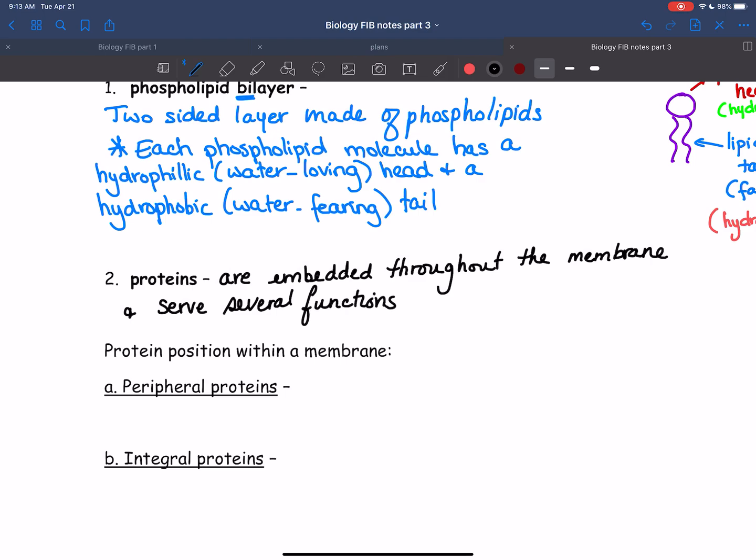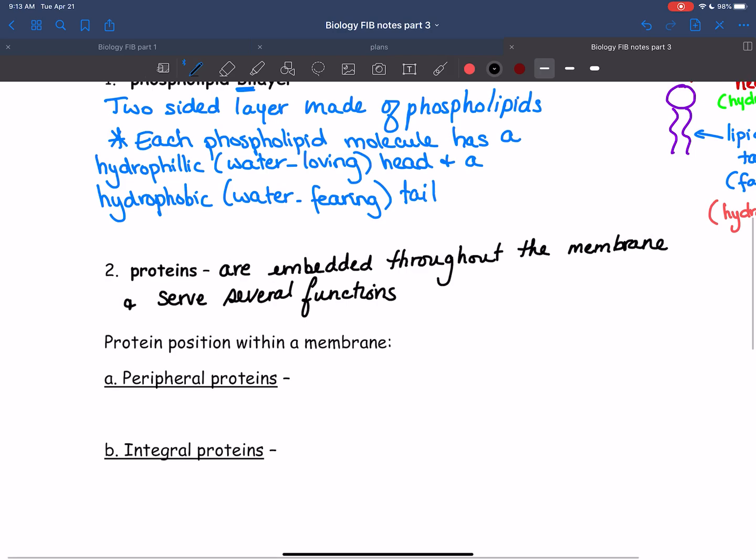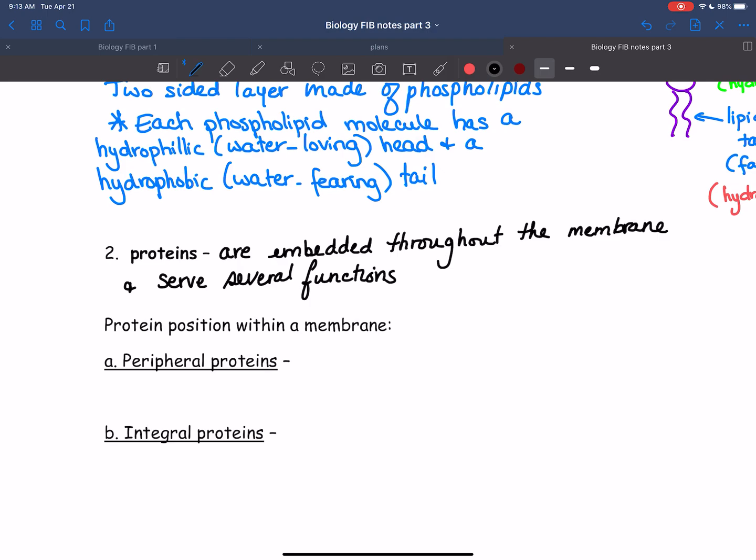And they serve several functions depending on what they need to be doing, depending on their position, okay? So protein position within a membrane will make a difference in the job that they have to do.